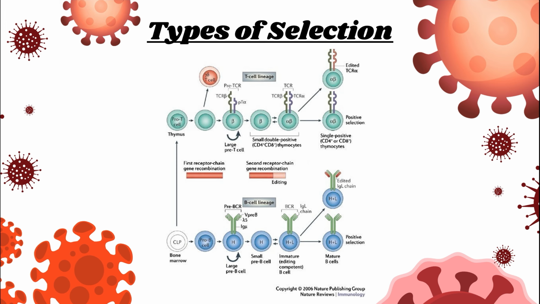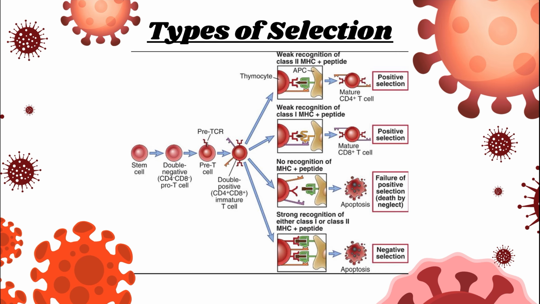From this checkpoint, pre-T and B cells are able to undergo gene editing, which is sort of their last chance at survival in case they are self-reactive at this point. In antibodies, the light chain is what will be edited in order to give it a second chance and be chosen to survive and become a mature, naive B cell.